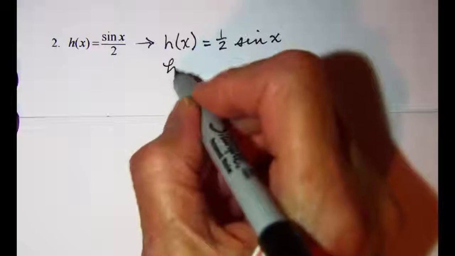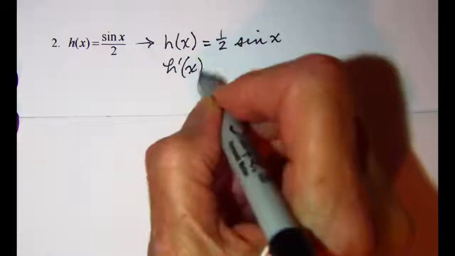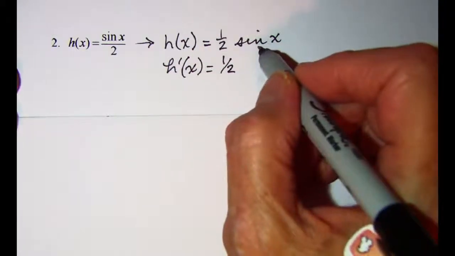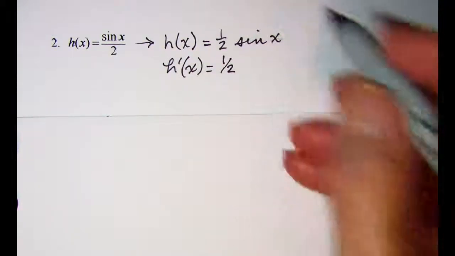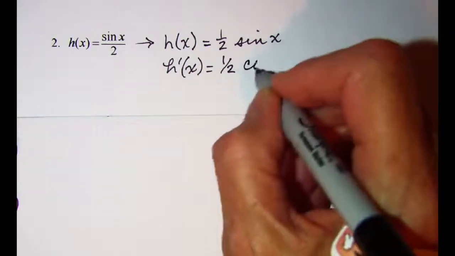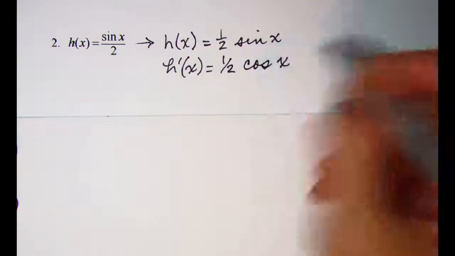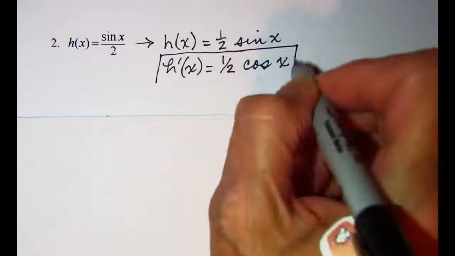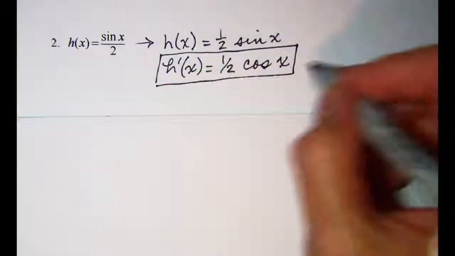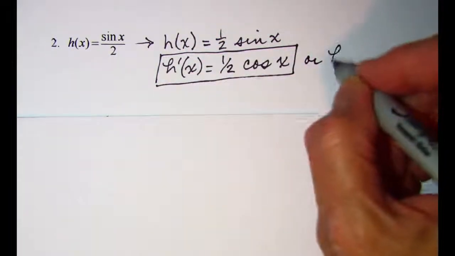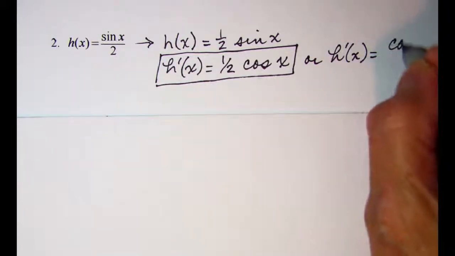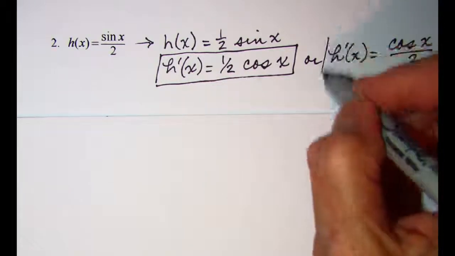The derivative then is 1/2 multiplied by the derivative of sine x, which we know is cosine x. We could write this as cosine x over 2. Either way is fine.